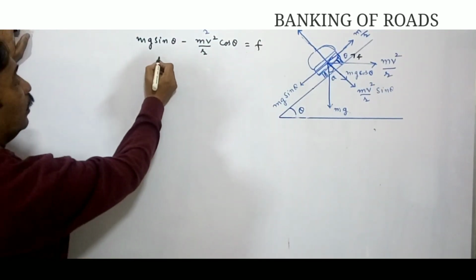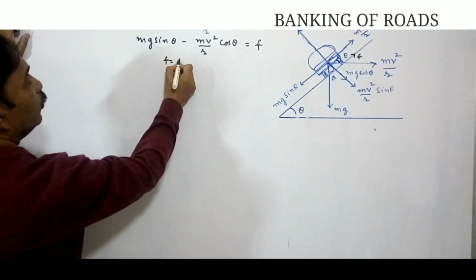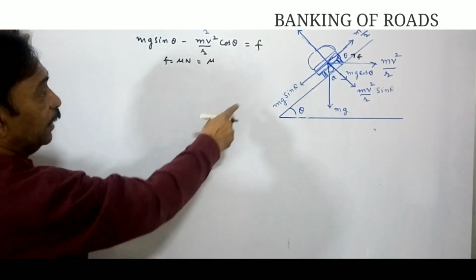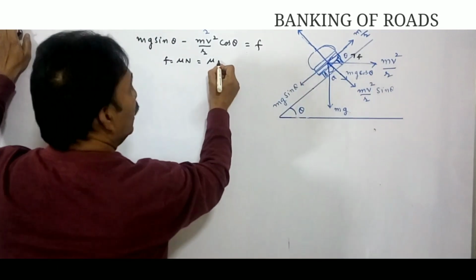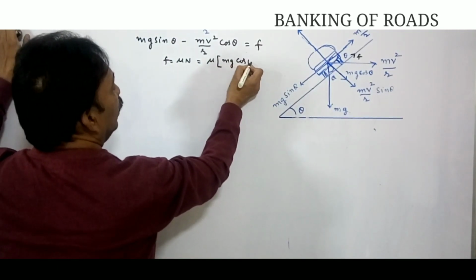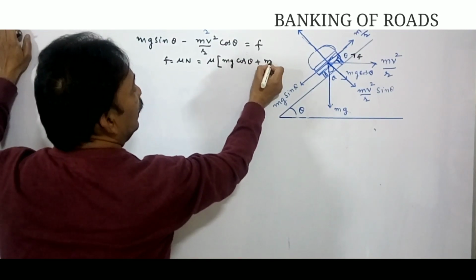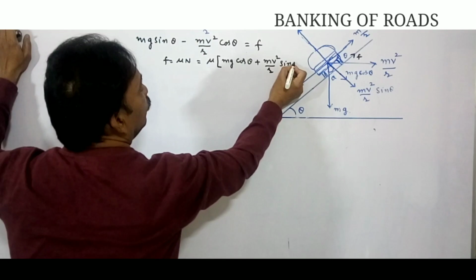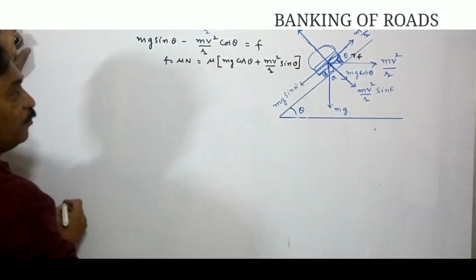As you know, frictional force is equal to mu N, and it can be written as mu of N, the normal reaction, which is mg cos theta plus mv square by r into sin theta.